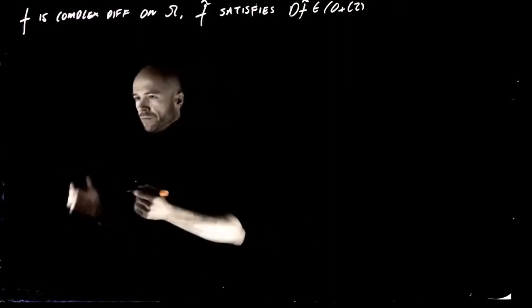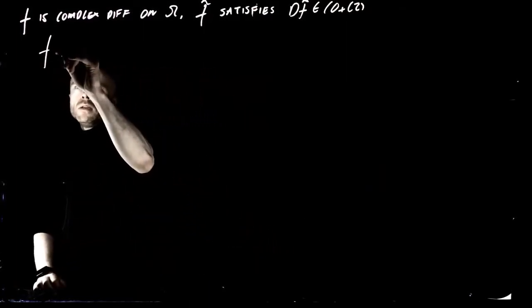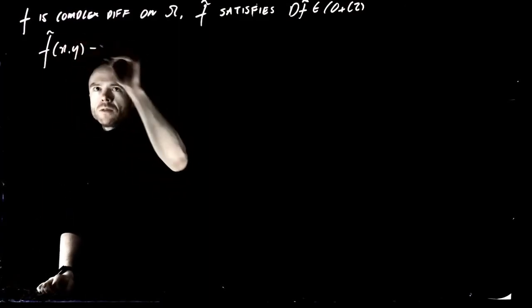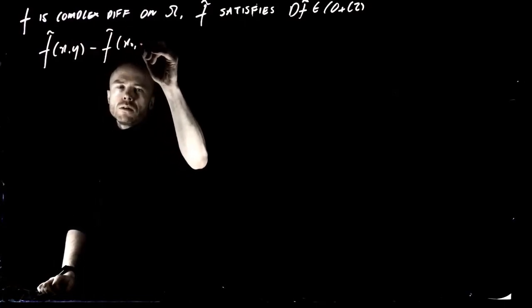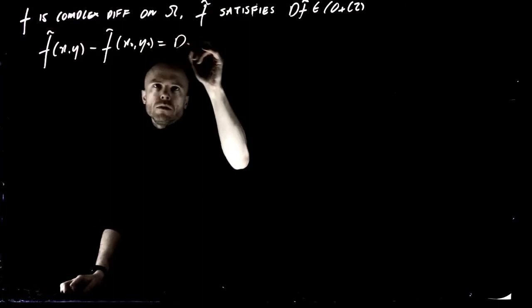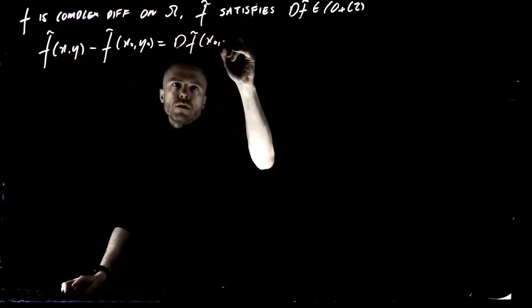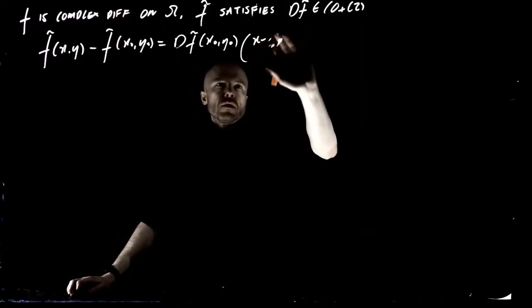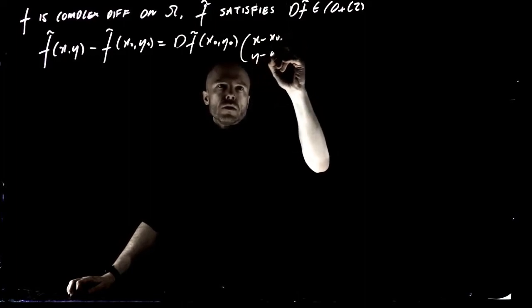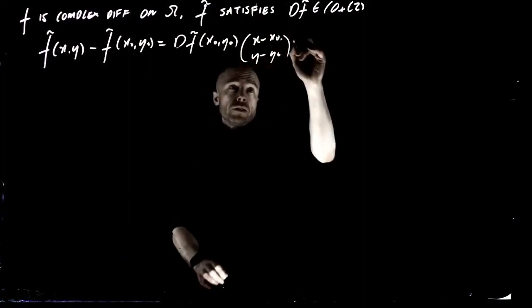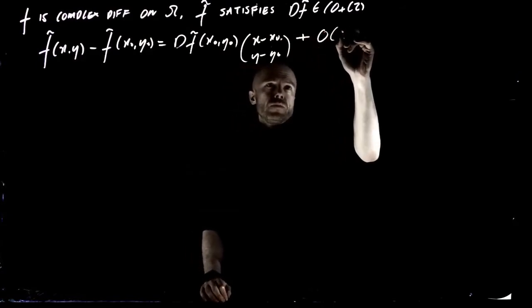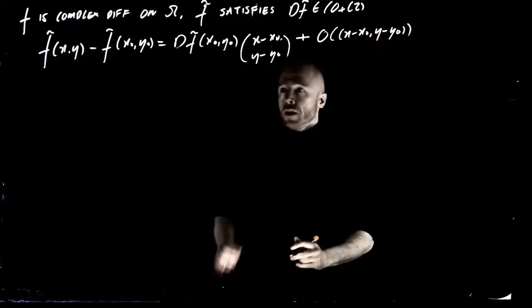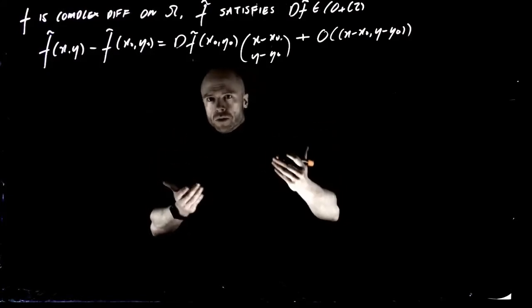And then from calculus, what we know, that means that f tilde of x y is this, plus some small error. And this guy belongs to the conformal matrices, right?